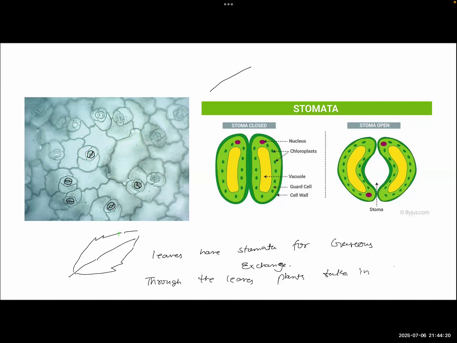Excuse me, sir. What's this? He says chloroplast is a green pigment.